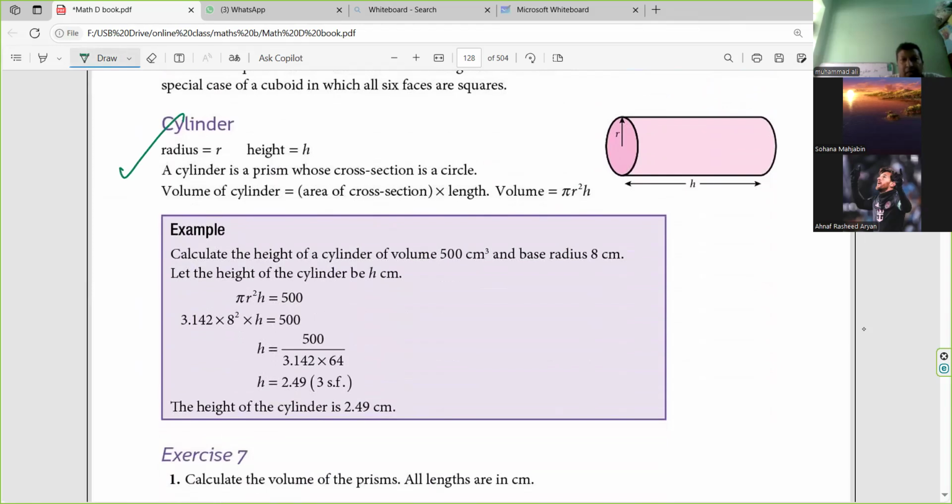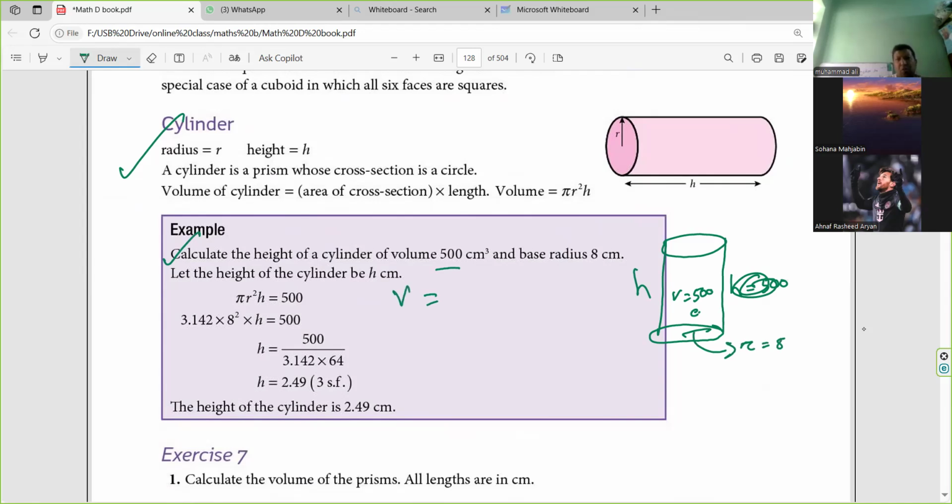Here, calculate the height of a cylinder of given volume. They gave us the cylinder. The volume is 500 centimeter cube. They want us to find the height, and the base radius r equals 8.